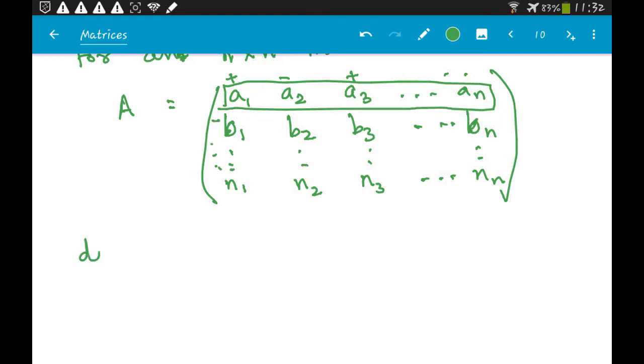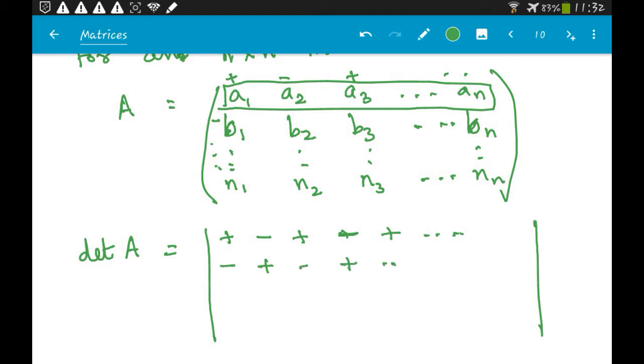So if you look at determinant of A, the first will be plus, minus, plus, minus, plus and so on, then minus, plus, minus, plus, minus, and so on. Okay, so this will be your row.